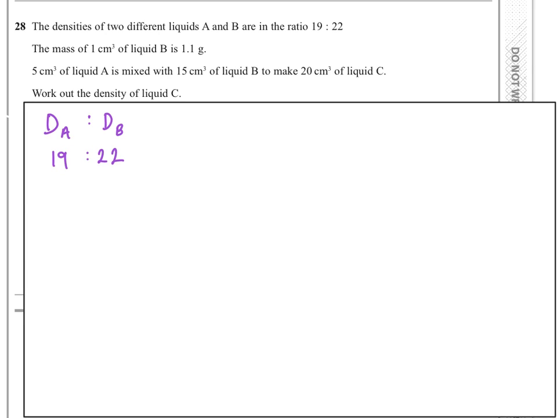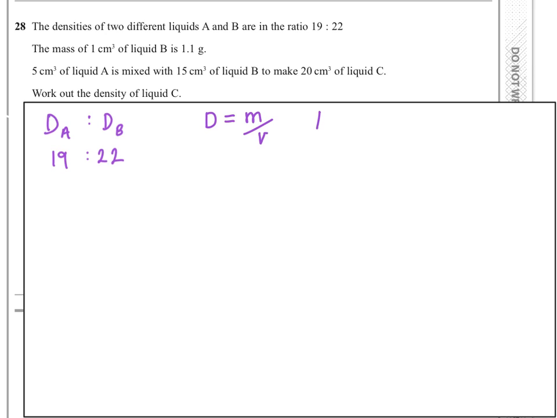It says the mass of 1 centimetre cube of volume of liquid B is 1.1 grams. So if you understand that density is how much mass you can cram into a certain volume, then you'll know density is mass per volume. Okay, so we'll use that formula.